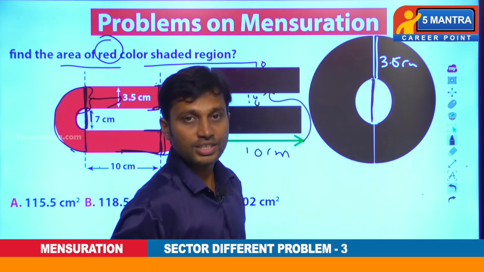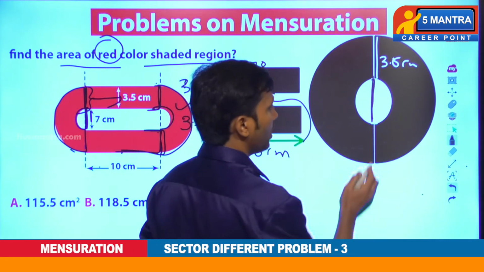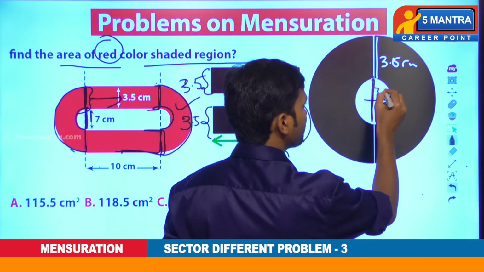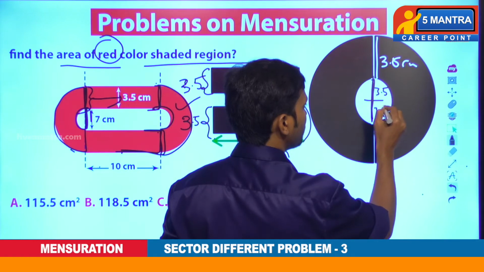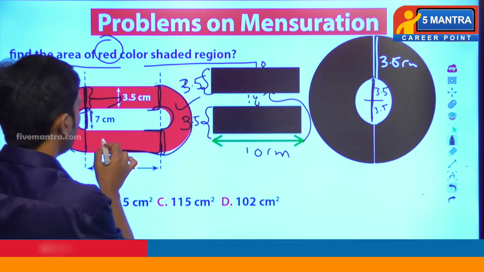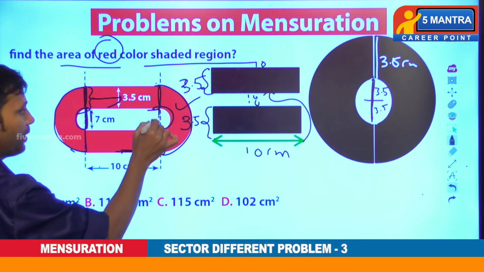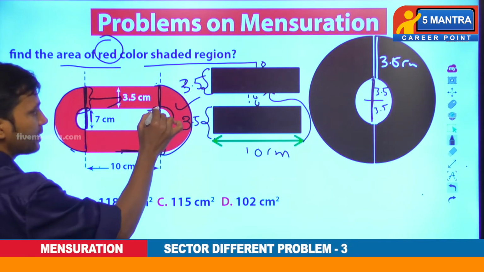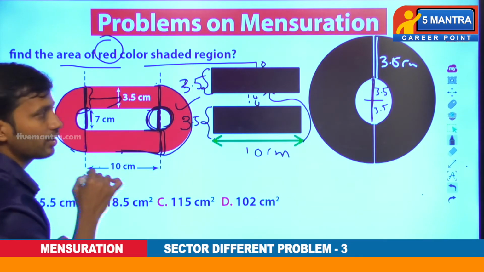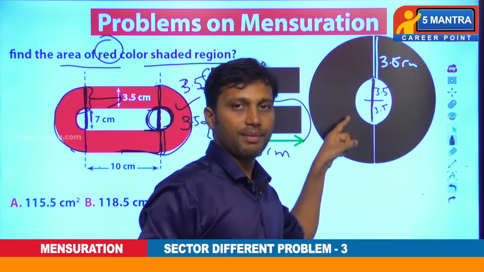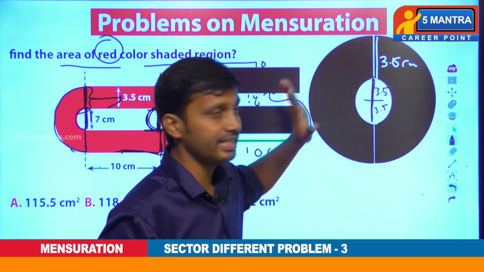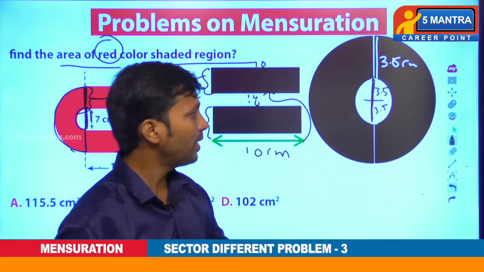Then the radius would be your 3.5 again or not? When the diameter of the inner circle is 7 centimeters, then the inner circle radius would be how much?